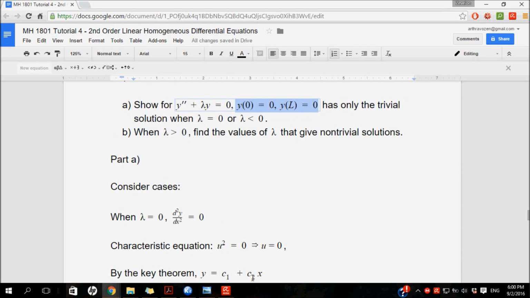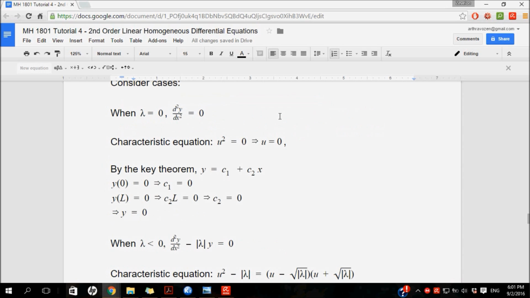But if you have a straight line and two of the points on the straight line give you 0 at two different points, it means the line itself is constant at value 0. So you can check. Indeed, we get in this case y equals to 0. That settles the case when lambda equals to 0.